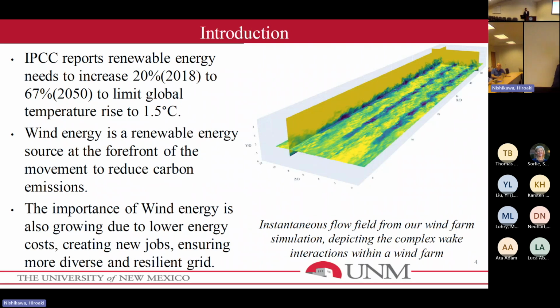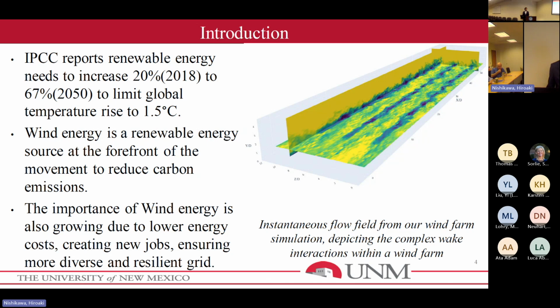The IPCC reports that wind energy has to increase from 20% in 2018 to 67% by 2050 to limit the global temperature rise to 1.5 degrees Celsius. Wind energy has been at the forefront of this movement, especially to reduce carbon emissions.